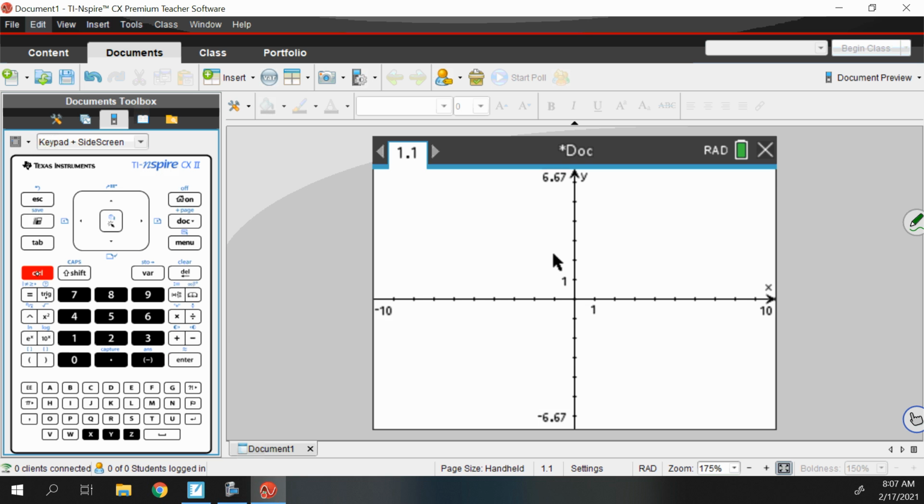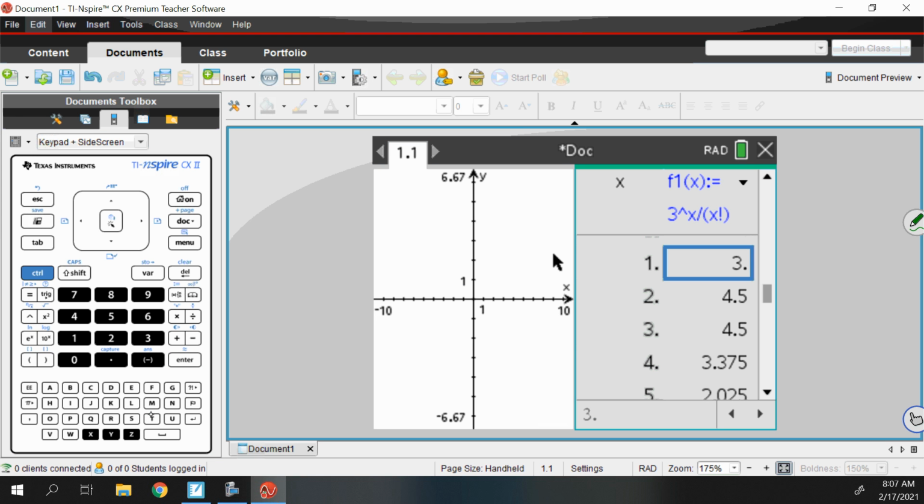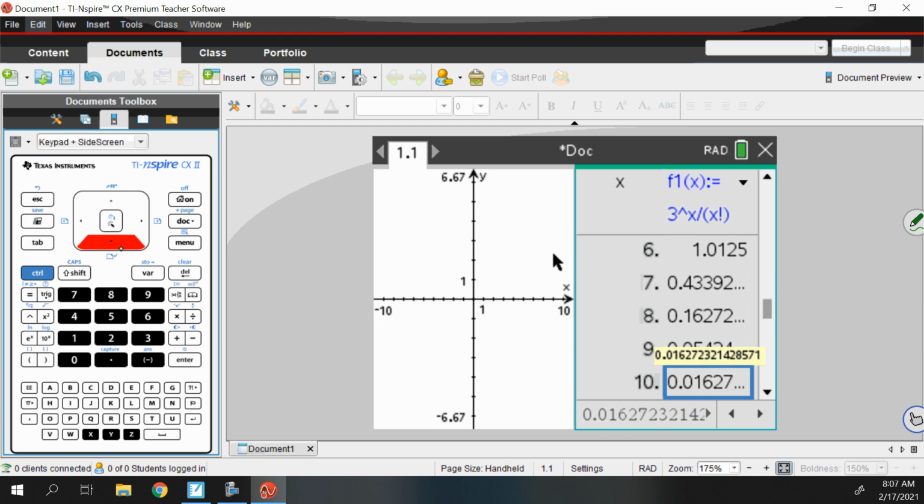Hit enter, we'll go control T. So if we scroll down, we're looking for within 0.001, so 1,000th. So not quite there yet. That's pretty close. And remember, we're only looking at the even. So I'm not even going to look at 13. We're going to skip down to 14. Well, now 14 has point and then 4 zeros and then a 5. So that's going to be our first one.